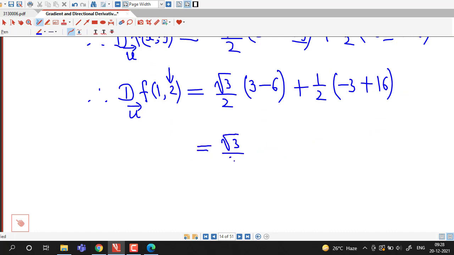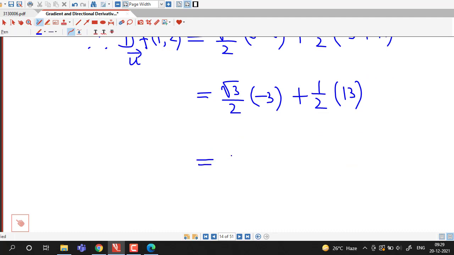So this we can rewrite as root 3 by 2 into minus 3, and this is 13. So we can take 1/2 common, and this we can rewrite as 13 minus 3 root 3.